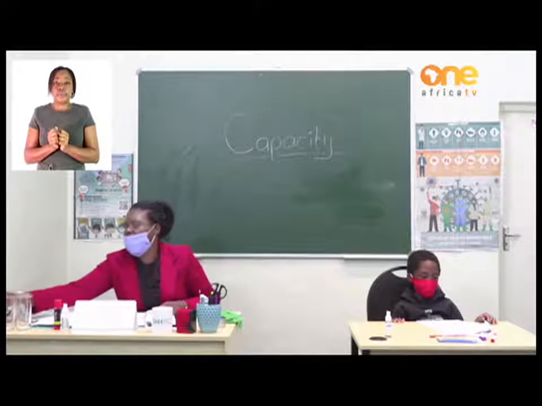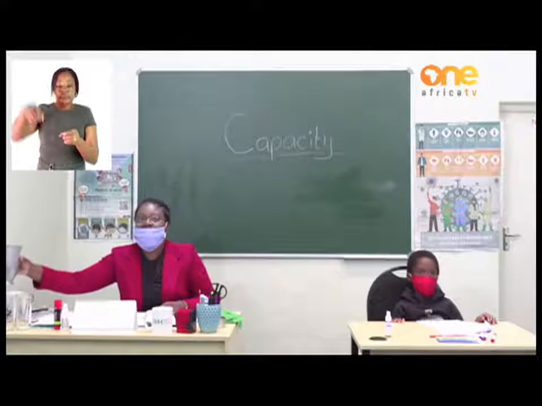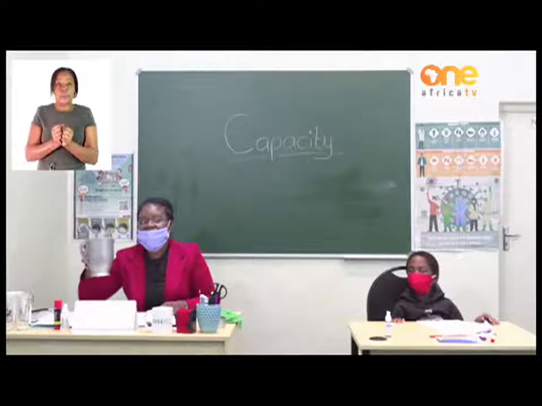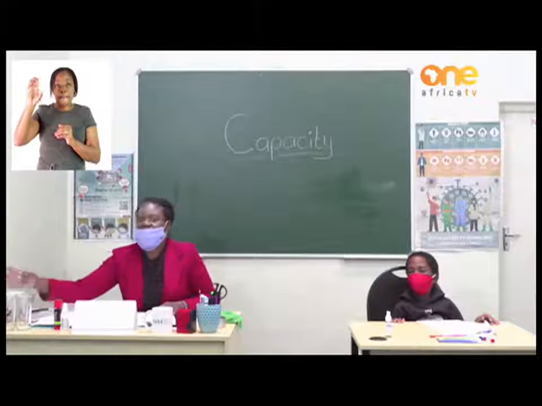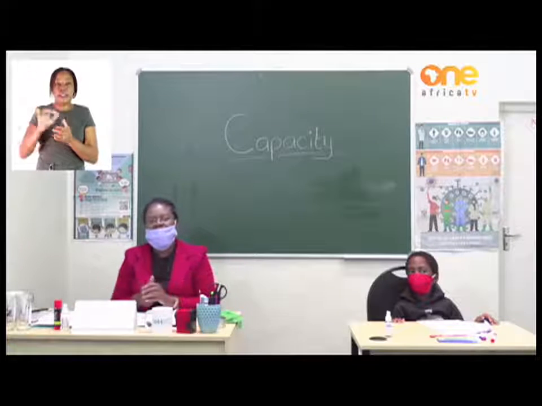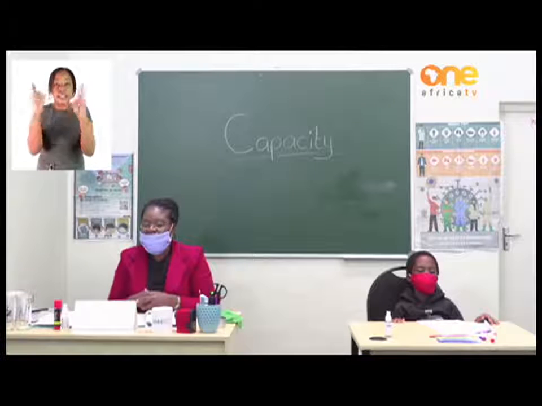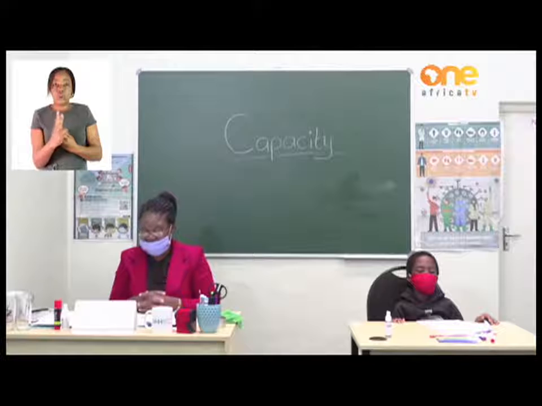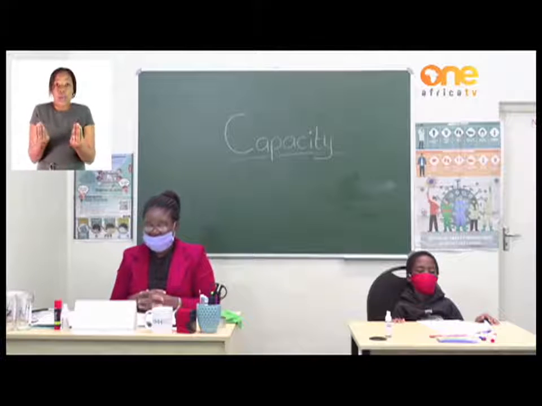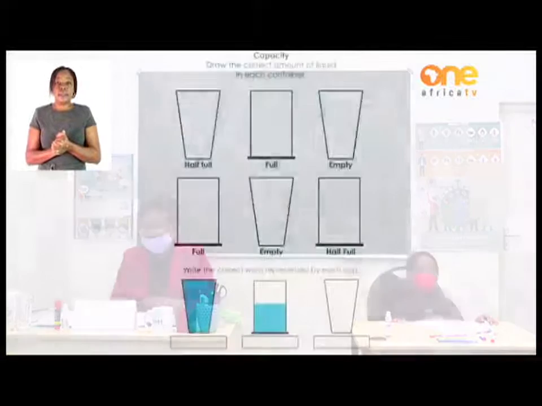If I pour the water or the liquid in this jug to make it full, that is the capacity that this jug can hold. And what about the classroom? The capacity of the classroom also refers to the amount of people or the amount of things that this classroom can hold. That is the capacity. So on page 5, we are looking at the glasses.